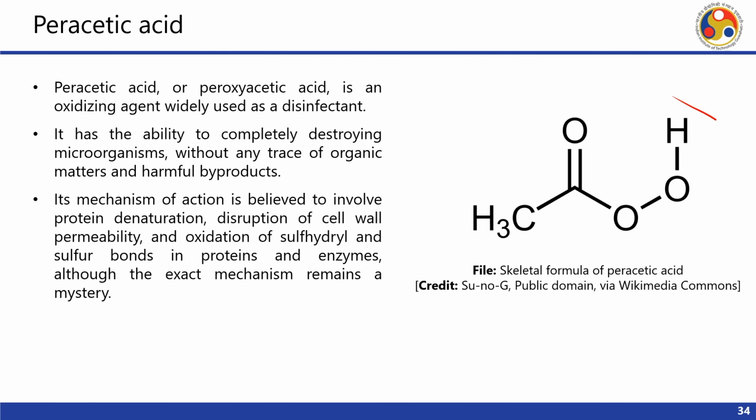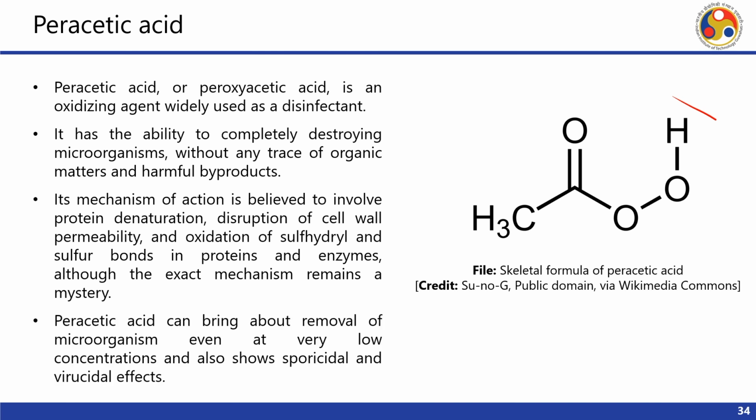Its mechanism of action is believed to involve protein denaturation, disruption of cell wall permeability, and oxidation of sulfhydryl and sulfur bonds in proteins and enzymes, although the exact mechanism remains a mystery. Peracetic acid can bring about removal of microorganisms even at very low concentrations, and also shows sporicidal and virucidal effects.